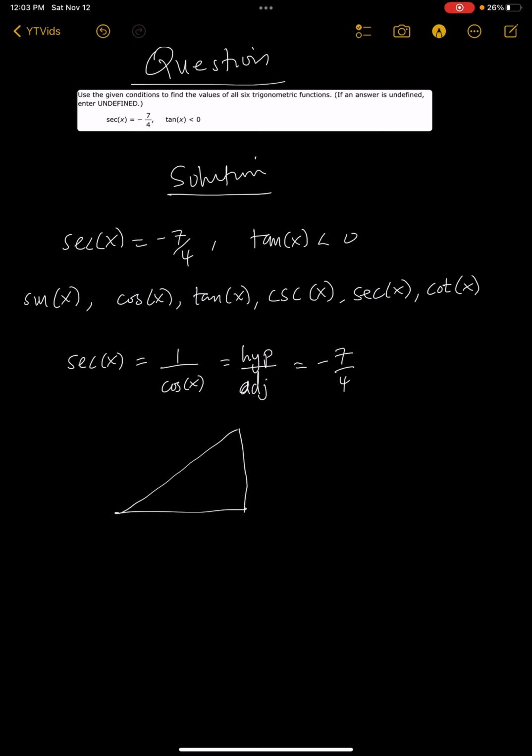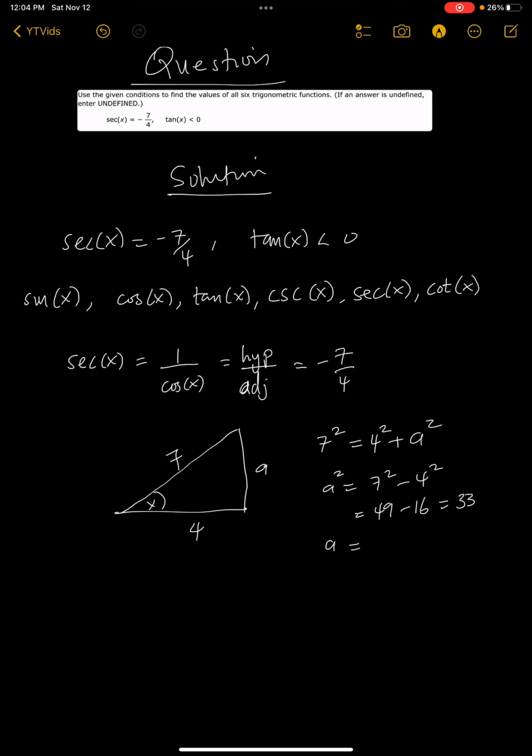So assuming our hypotenuse is 7, and the angle is somewhere here, adjacent is 4, so we can find the opposite side. From the Pythagorean theorem, hypotenuse squared equals the sum of the squares of the other two sides. So a squared is 7 squared minus 4 squared, which is 49 minus 16, which is 33.